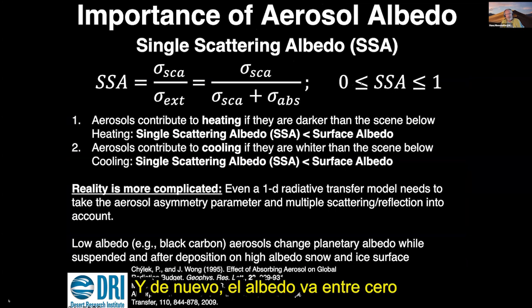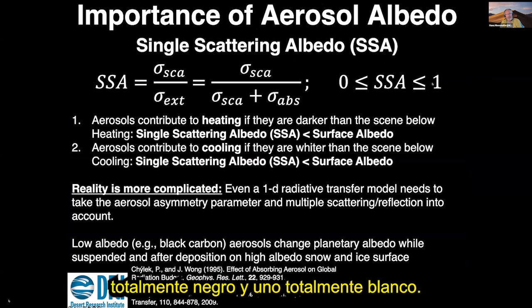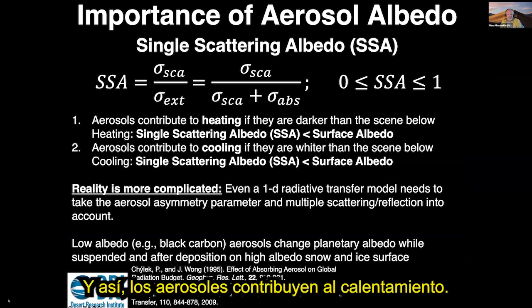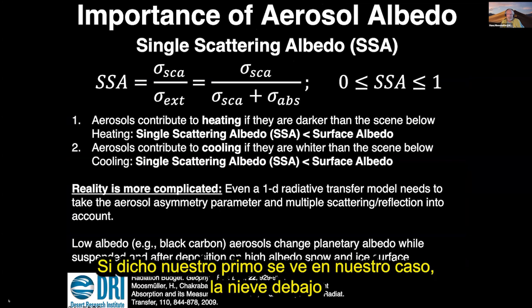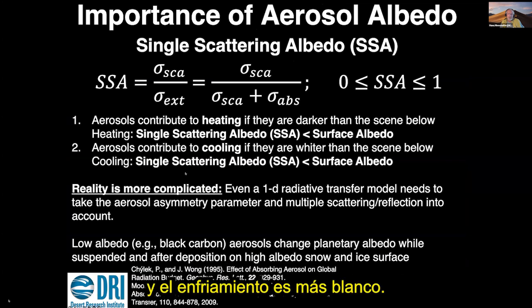And again, albedo goes between 0, totally black, and 1, totally white. And so aerosols contribute to heating if they're darker than the scene, or in our case, the snow below, and cooling if they're whiter.